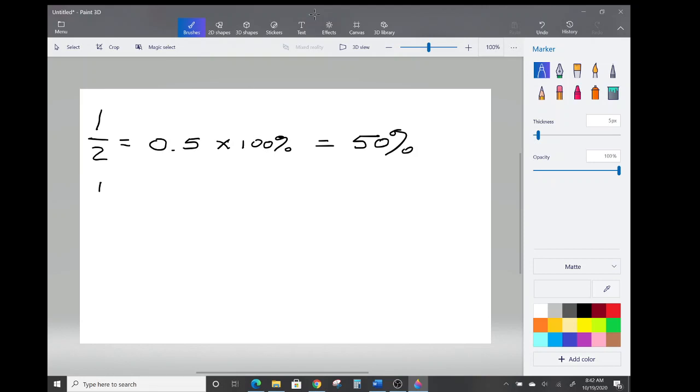Same way with 1 over 4, 1/4. That's 0.25 times 100%. The 100 equals a percentage. Then that is what? 25%. Okay, 25%. All right.